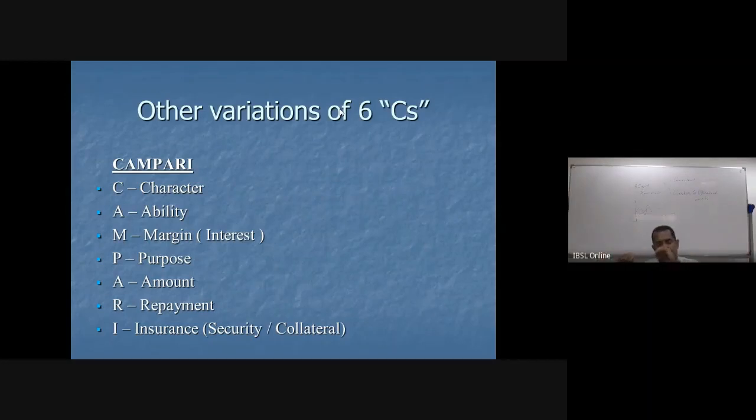It can be insurance per se or security. Insurance stroke security. Security is also considered as an insurance. CAMPARI: character, ability, margin, purpose, amount, repayment, and insurance. So that is the other variation.